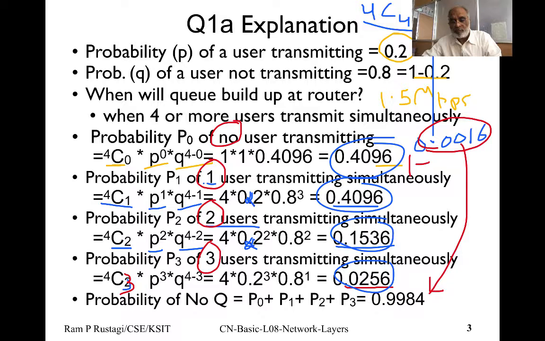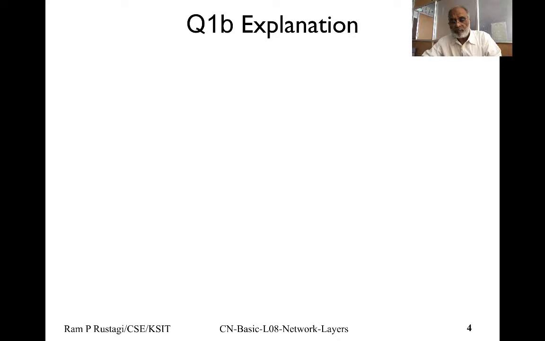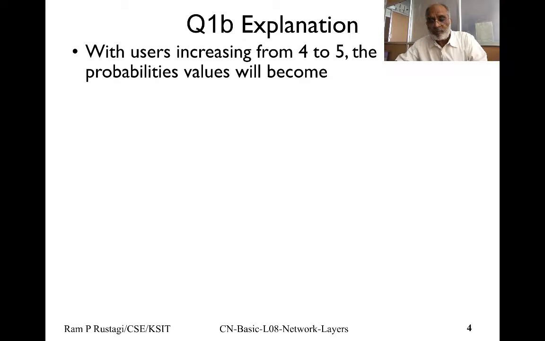So let's continue with the second part of the question. What happens when the number of users becomes 5 instead of 4?